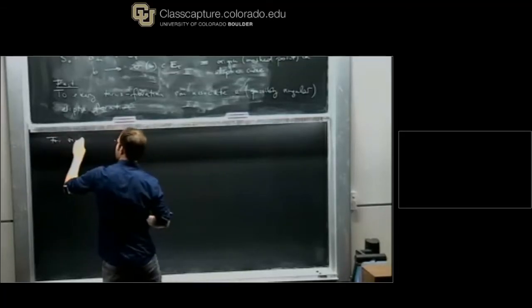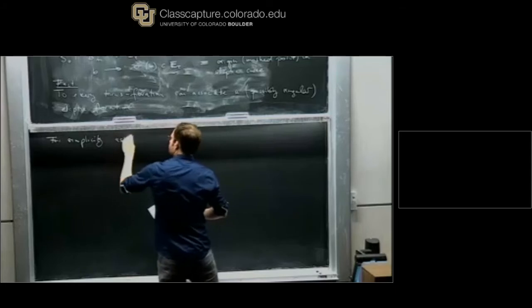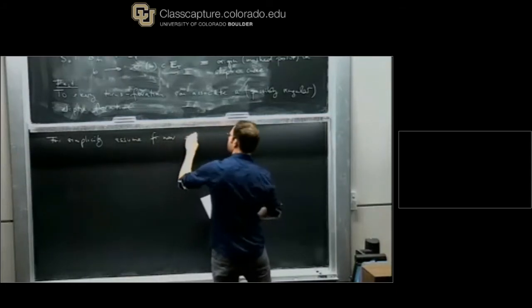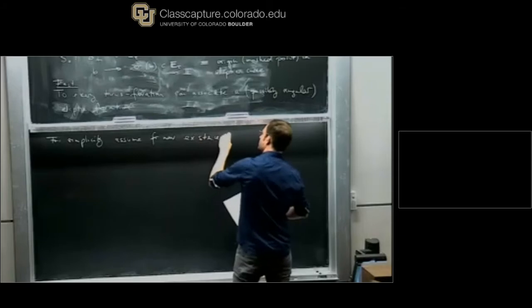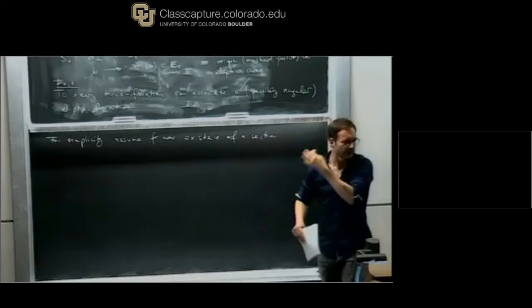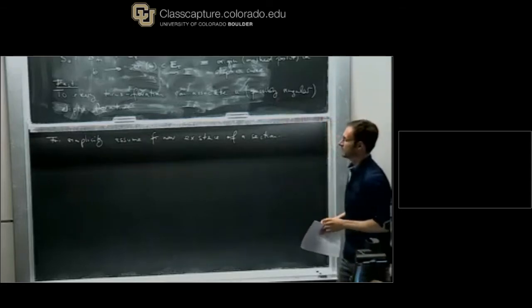So for simplicity, we assume for now the existence of a section. And again, this is not really a restriction, as long as we are happy with having those singularities.